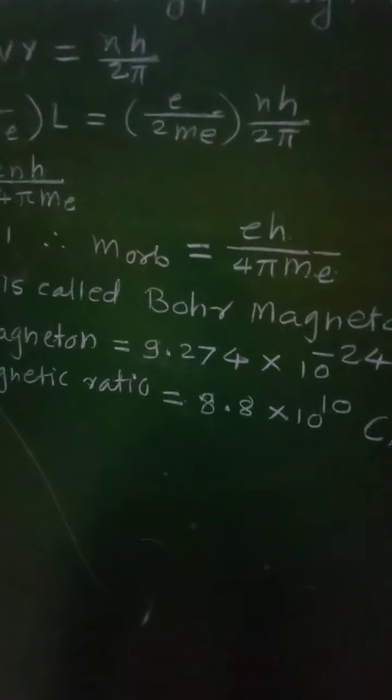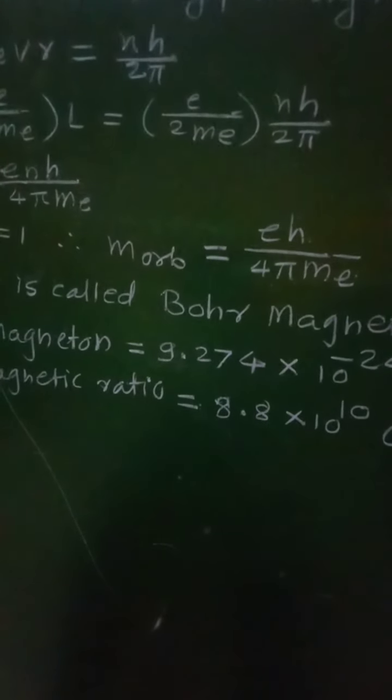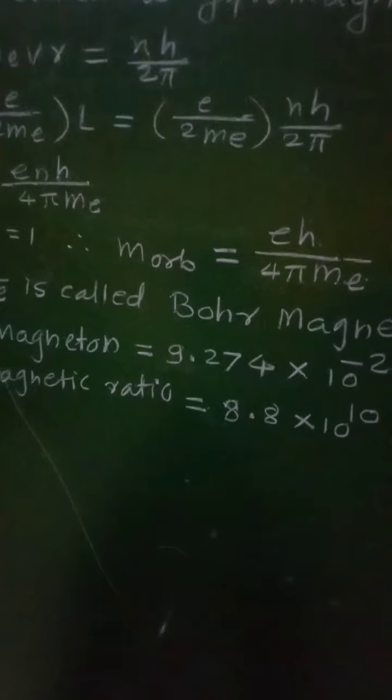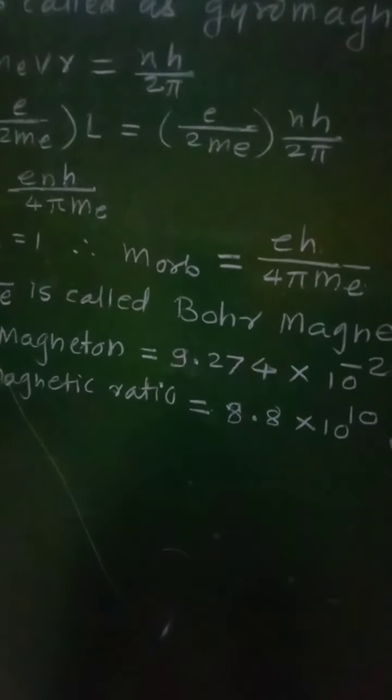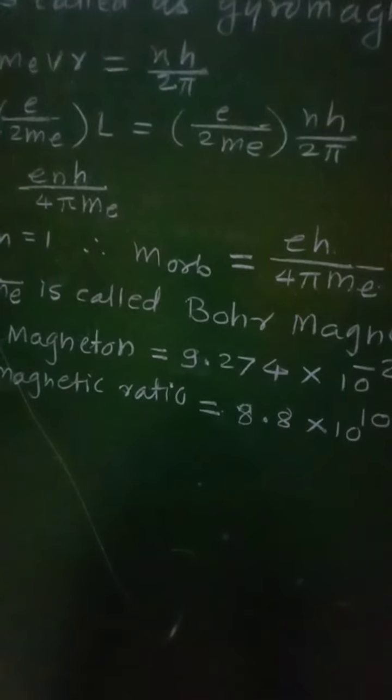In short, it is written as BM. The magnetic moment of an atom is stated in terms of the Bohr magneton.